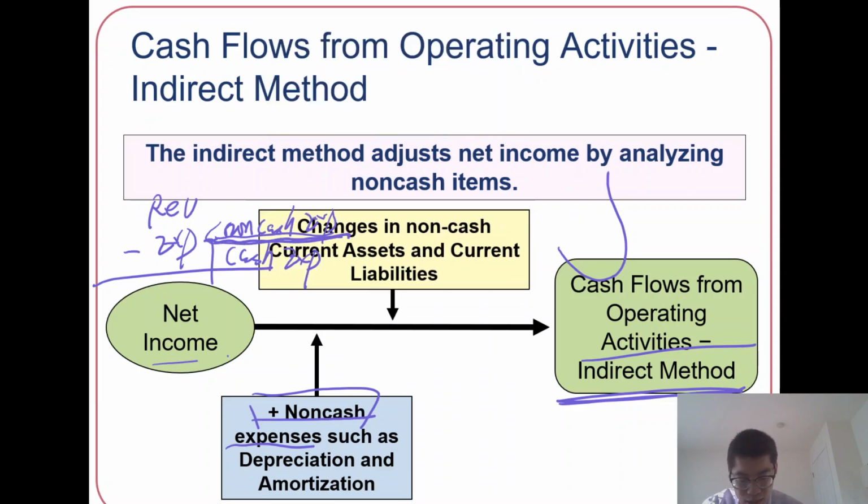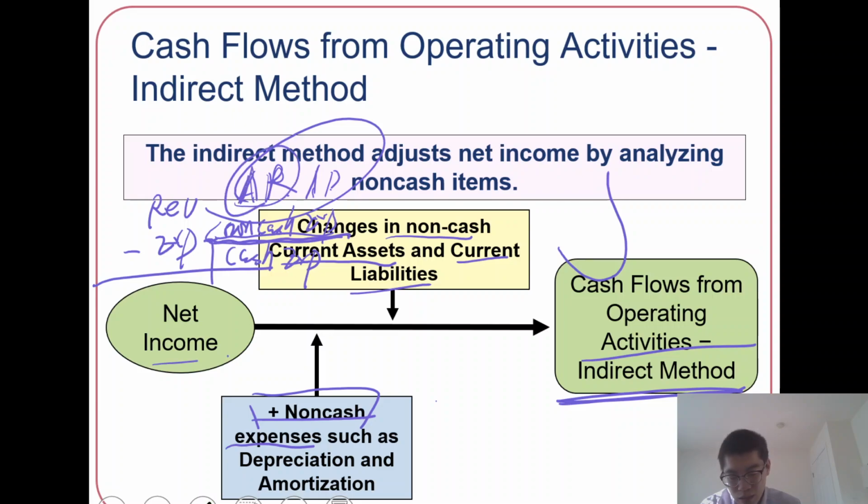And second, we're going to analyze the change in non-cash current assets and current liabilities. If we have non-cash assets like accounts receivable and current liabilities like accounts payable, we have to subtract the increase in accounts receivable, because accounts receivable is part of our credit sales, right?